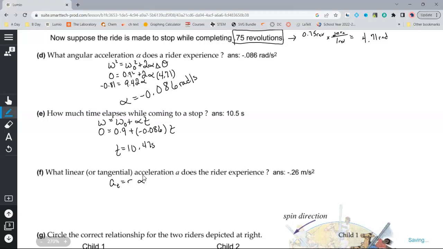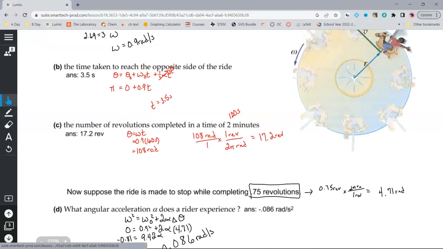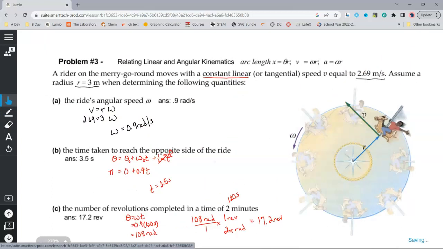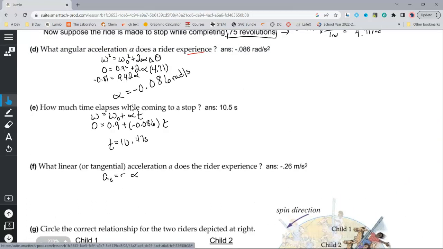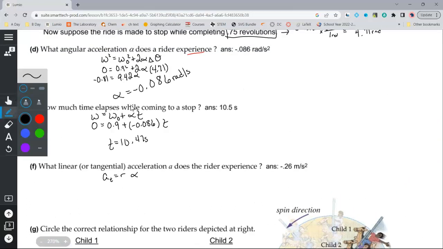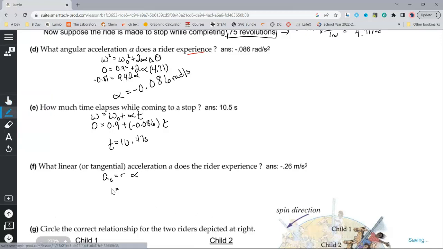Going back up, our radius was 3 meters. So 3 times 0.86 gives negative 0.2578, so 0.258, in meters per second squared.